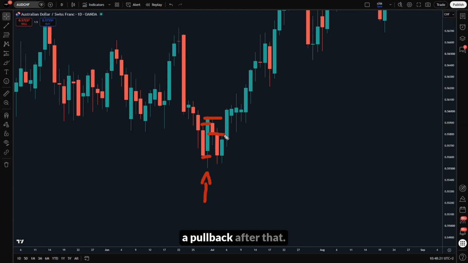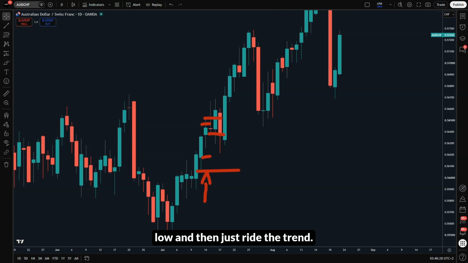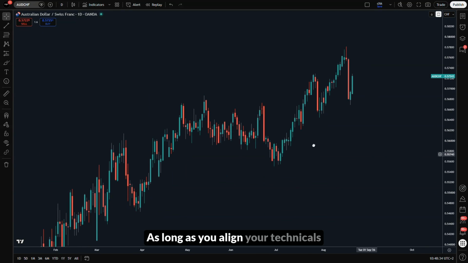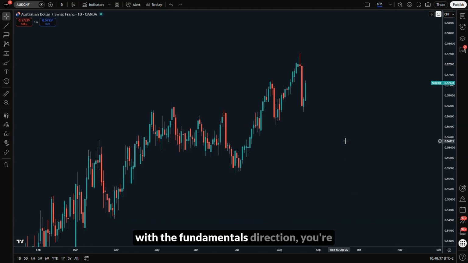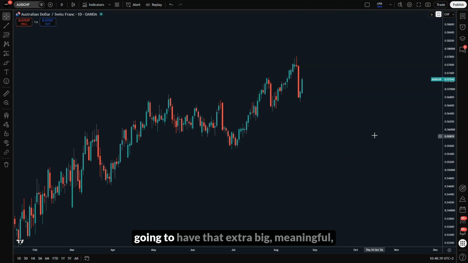You may want to long a pullback after that, put the stop loss below the candle low, and then just ride the trend. As long as you align your technicals with the fundamentals direction, you're going to have that extra big, meaningful, important edge in your trading that's going to increase your win rate, increase your accuracy, increase your confidence in the trades you take and make your trades a lot smoother.